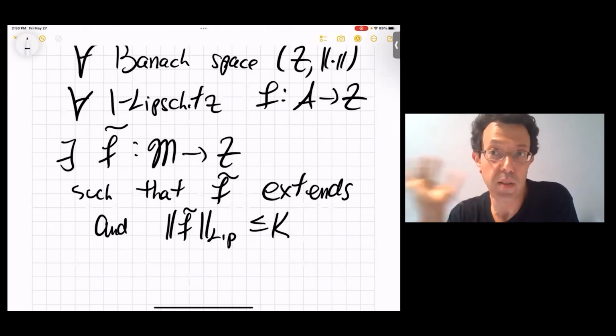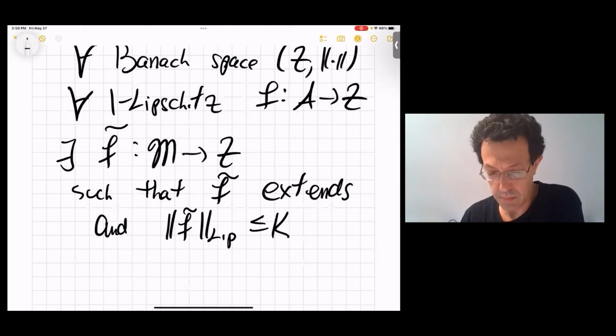The smallest K such that you can do it for every possible subset and for every possible target space is called the Lipschitz extension modulus of M.